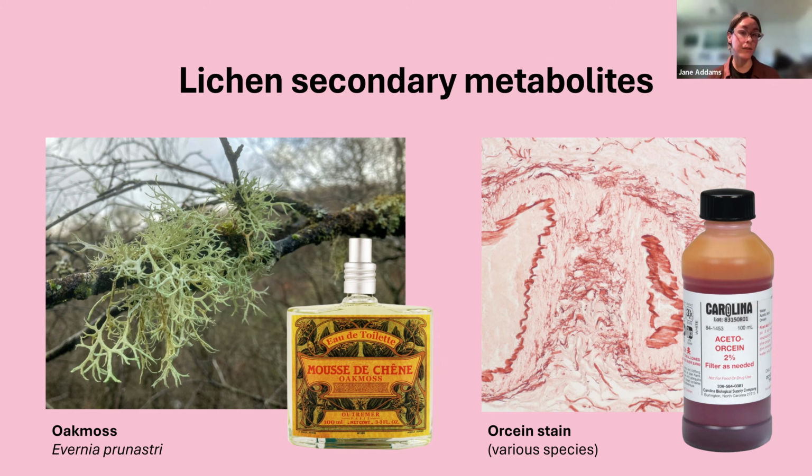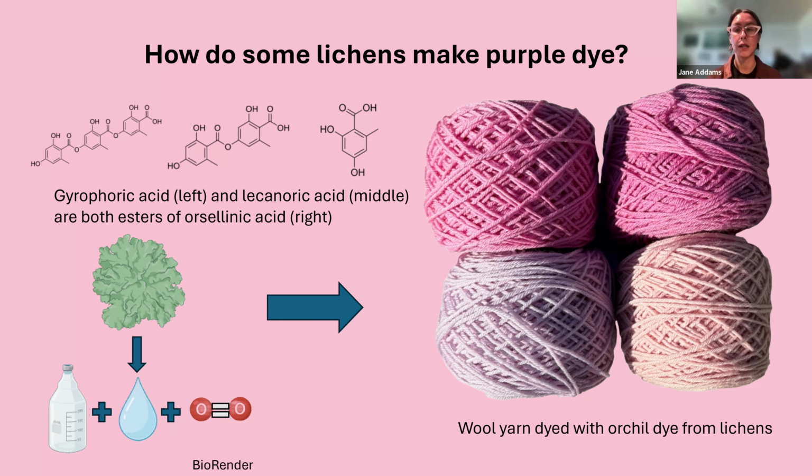And if you have ever done something in a microbiology lab, or if you've used litmus paper to test the pH of something, you have encountered Orcean stain. That is derived from various species, and that is the product of the process I am talking about today. So the same species that can give us Orcean stain are the same species that can give us Orchil purple.